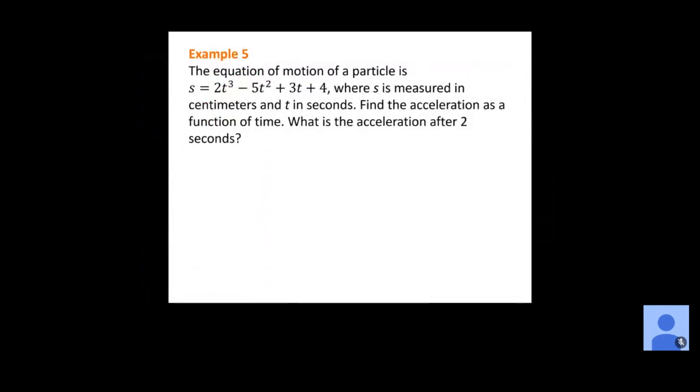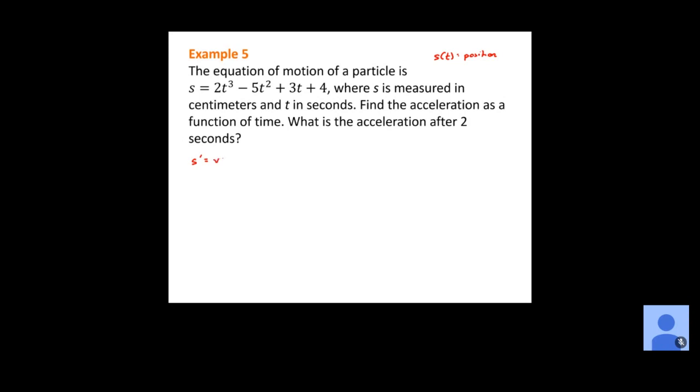All right, so if we're looking for the acceleration as a function of time, what's the first thing we're going to have to do here? Okay, we need to find a derivative, right? Because this function, s of t, represents a position. So if we find the derivative s prime, that's going to represent our velocity.